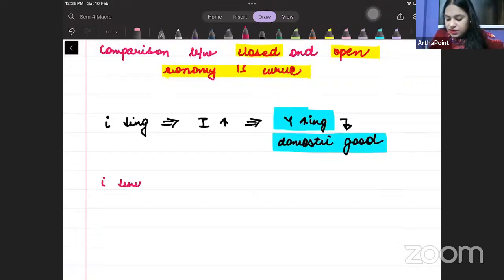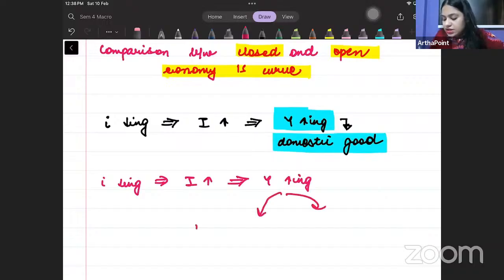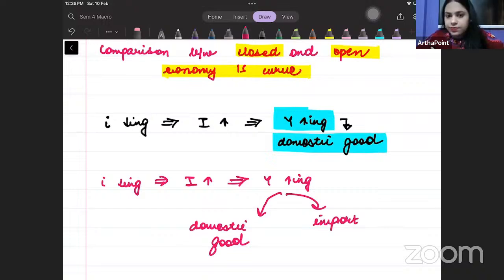But now what will happen? When interest rate will decrease, no problem, your investment will increase. No problem, your income will increase. But this income is now split. या आप उसको domestic goods पे spend कर सकते हो, या आप उसको import पे spend कर सकते हो. Either you will spend on domestic goods or you will spend them on the import, right?